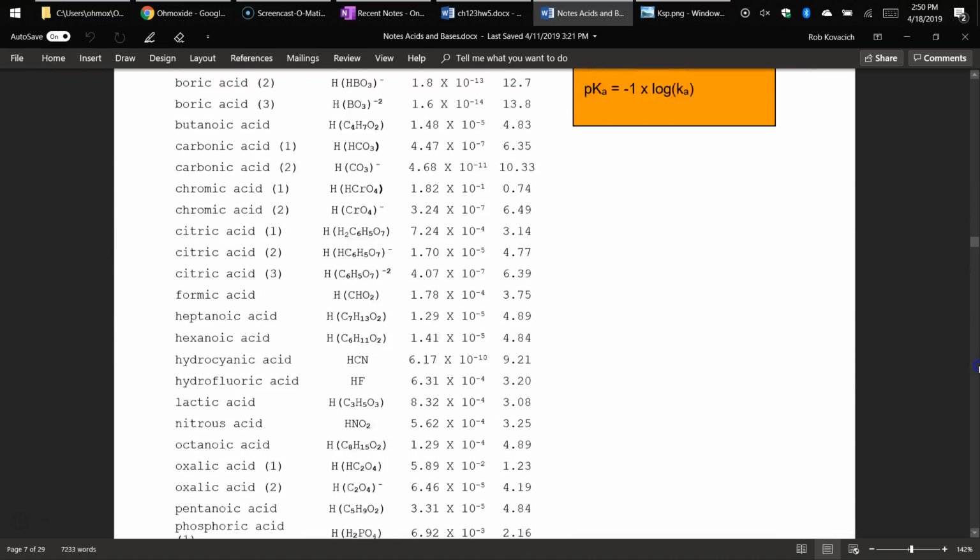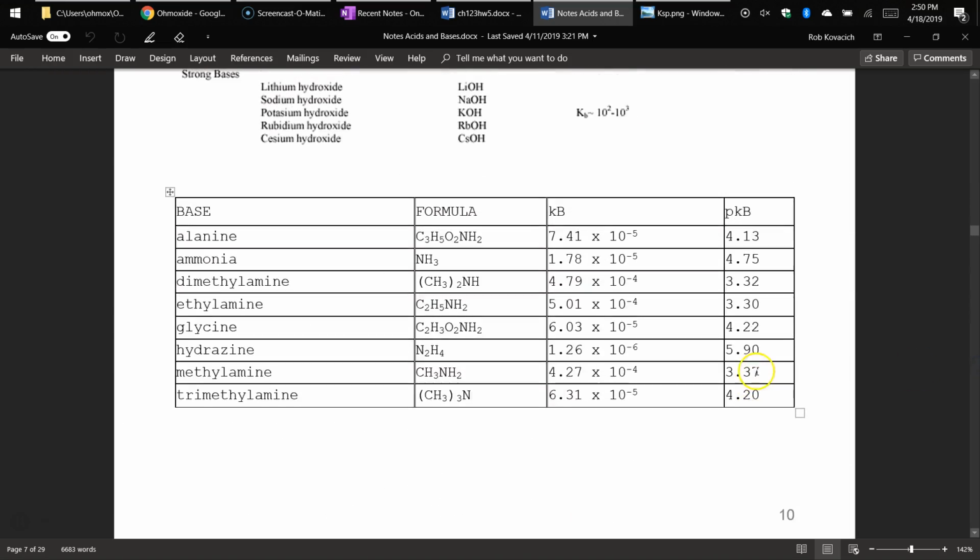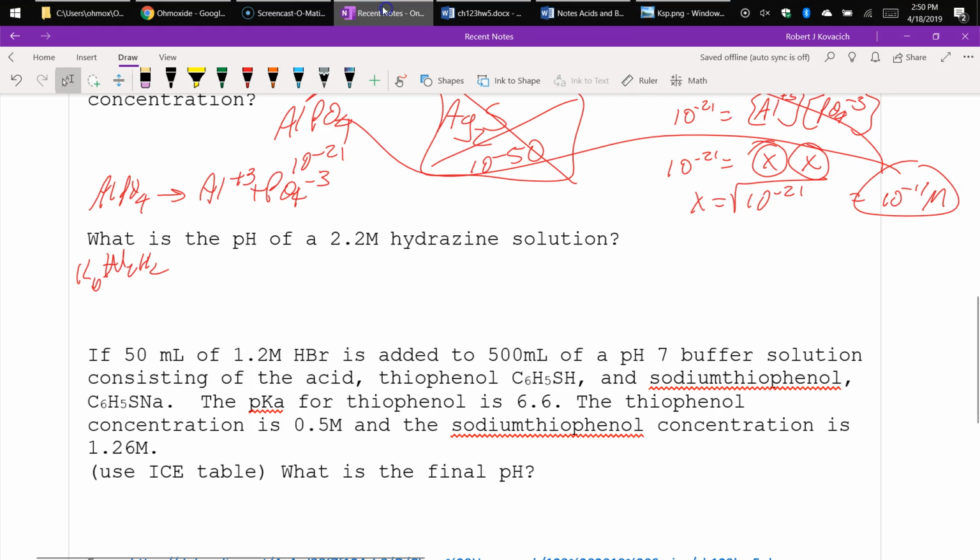Hydrazine is what the Navy uses to make sure pipes don't rust. 1.26 times 10 to the negative 6.